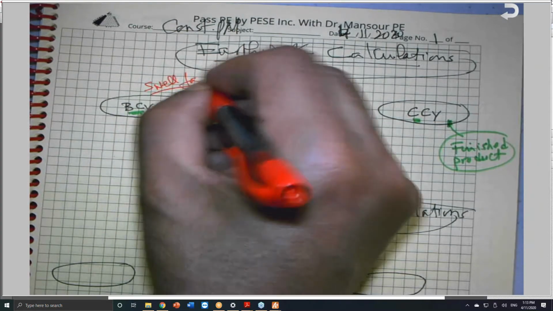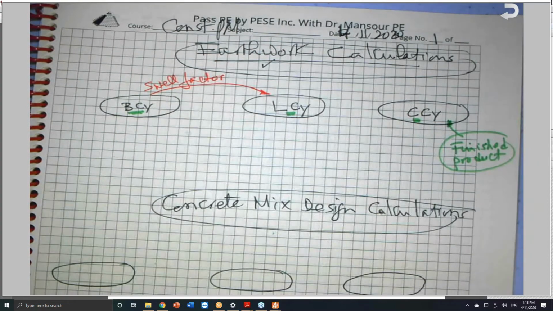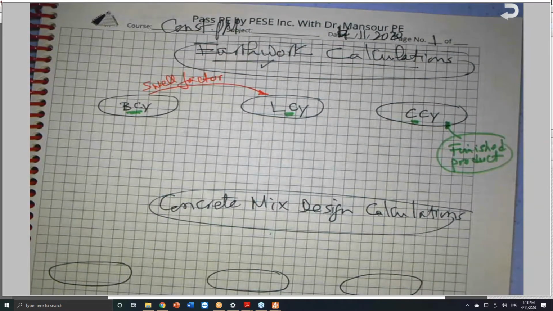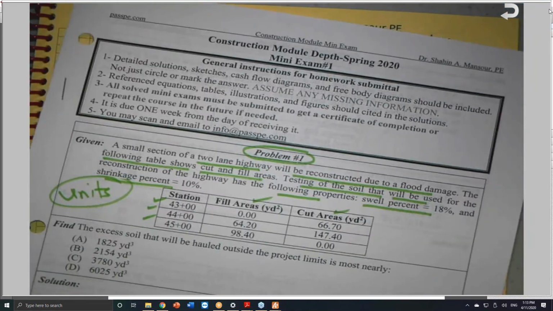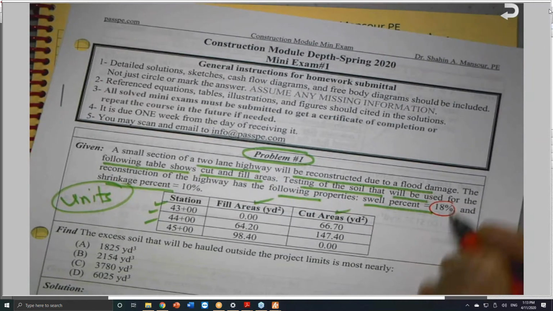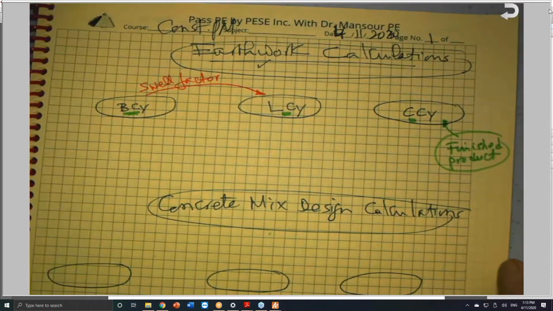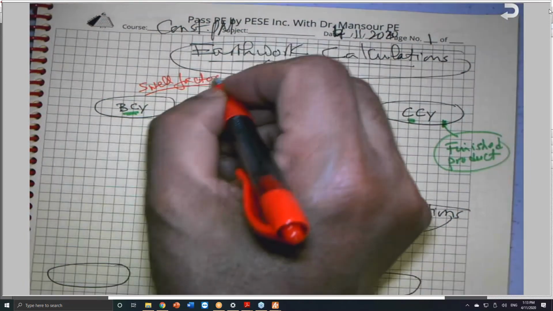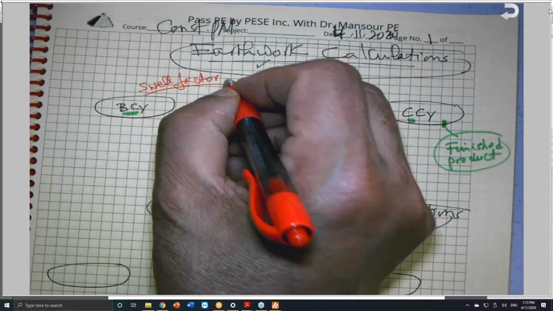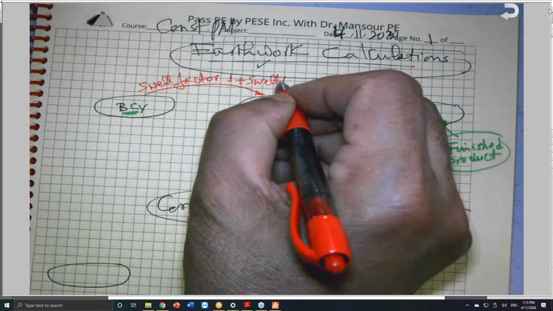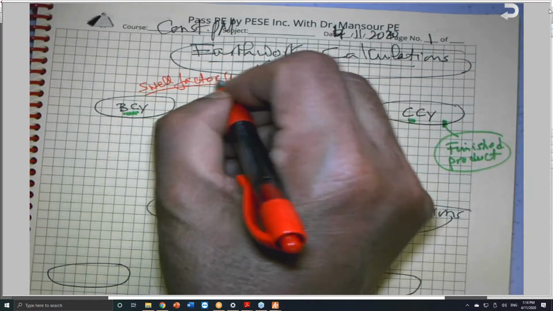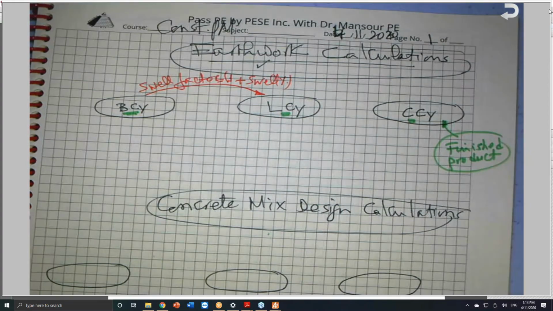The swell factor is different from the swell percent. In the problem statement, he gave you the swell percent, here it is, 18% for example. So this is a percent. The swell factor is 1 plus the swell percent, and the swell factor is always greater than 1.